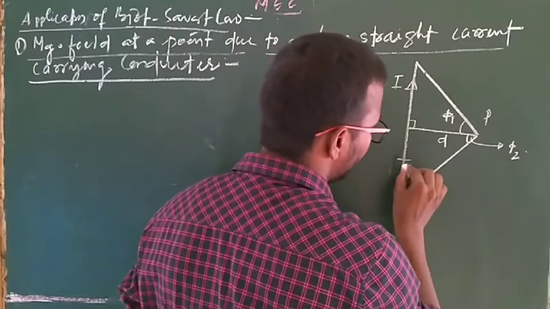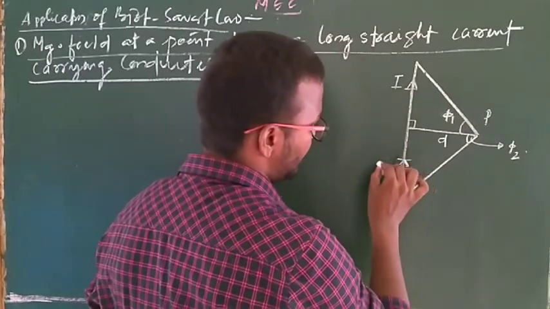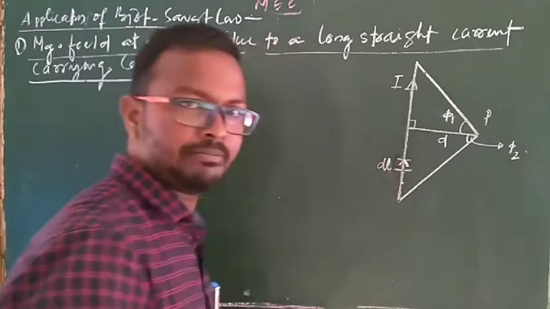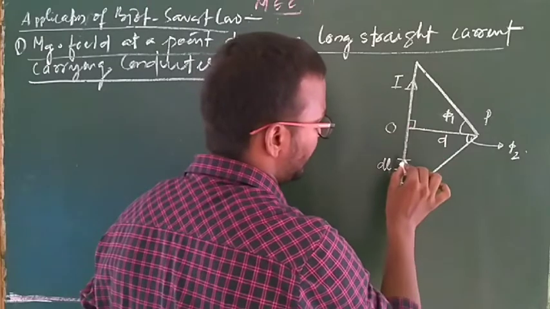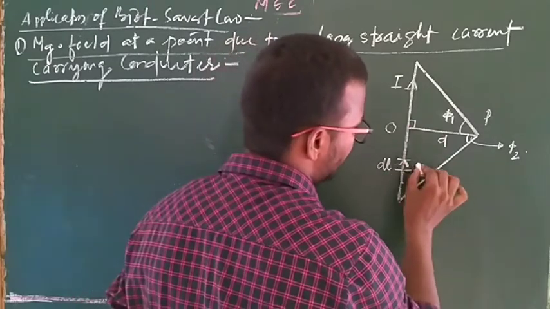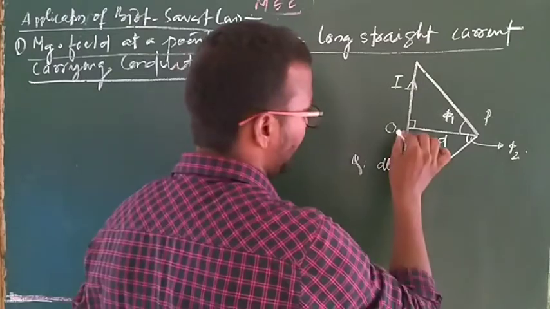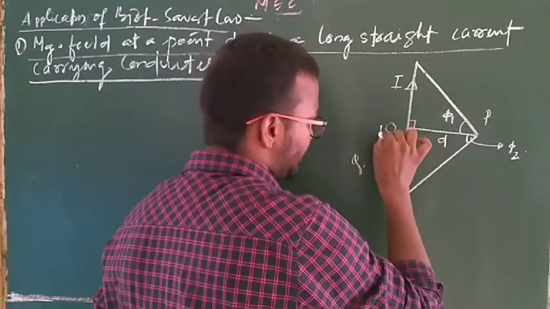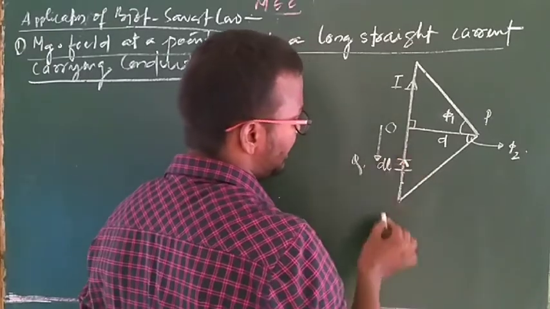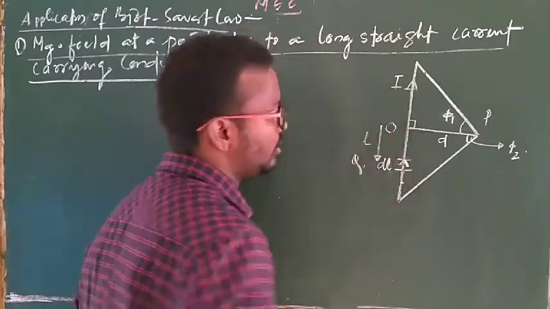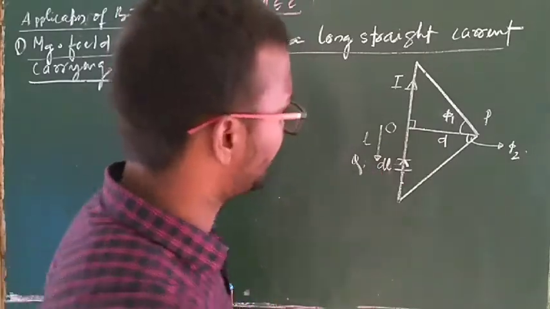Suppose this is a small element and this is the direction of current, and this element is dl. This point is point O and this point is point Q. Clear? This dl element at point Q is at a distance L from point O, and this dl element is very small, of negligible length.